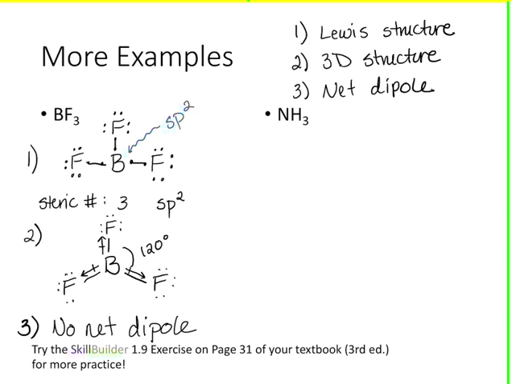Now what about NH3? So let's start by drawing the Lewis structure. So which atom should go in the middle? Nitrogen, because nitrogen has 5 valence electrons, and 3 of those electrons are unpaired, so it can make more bonds than hydrogen. Now, conveniently, we have 3 hydrogens and 3 unpaired electrons on nitrogen, so we can just draw those in here.